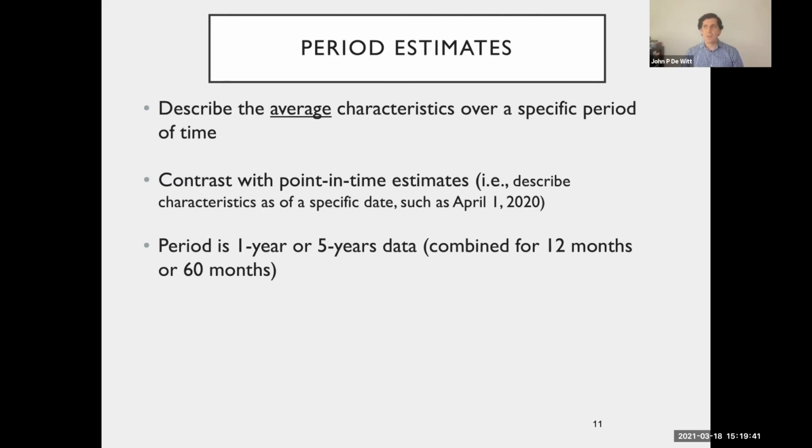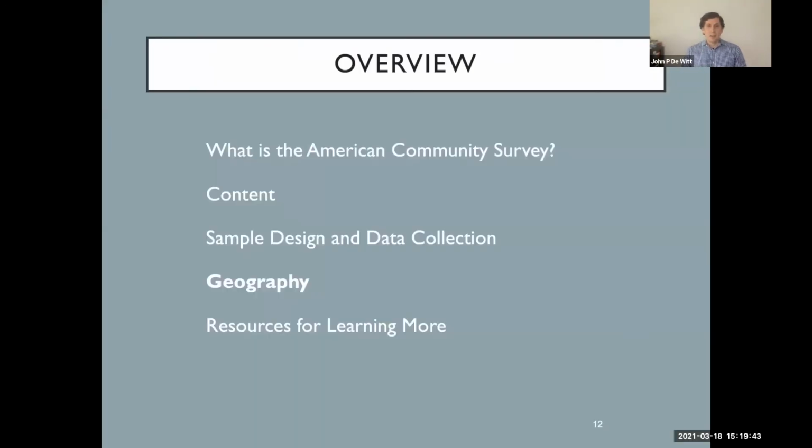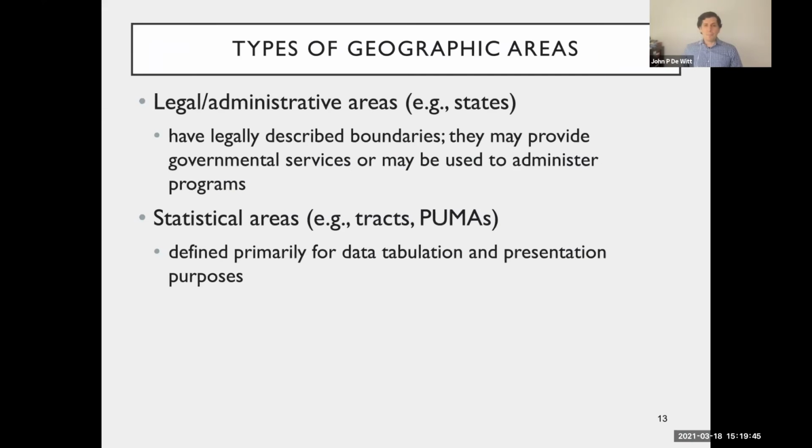And with that in mind, as we talk about geographies, there are two basic types. There are the legal and administrative areas that we might be familiar with, states, counties, etc.